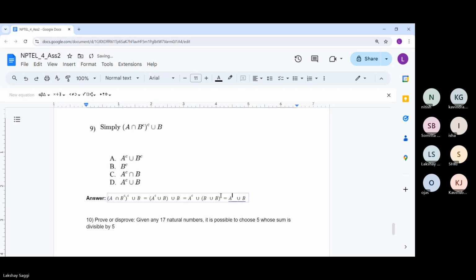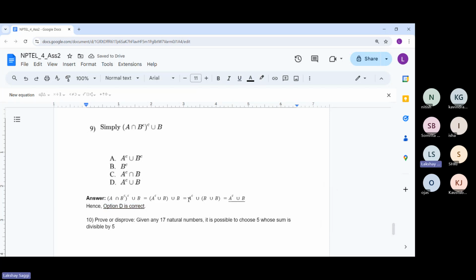I don't know what's happening. Okay, I was able to underline finally. This is the final answer. So hence option C is correct. Or option D is correct actually. Sorry. It's correct.